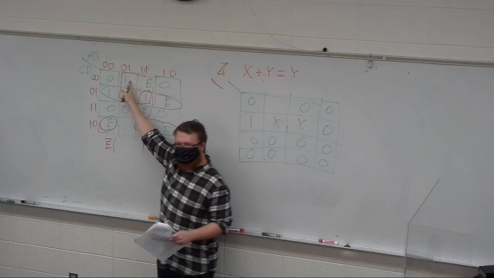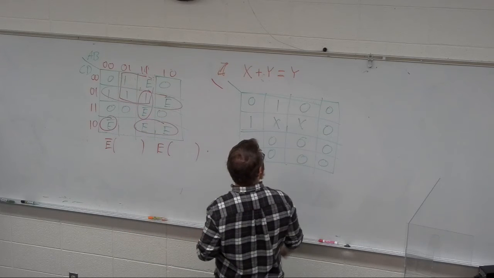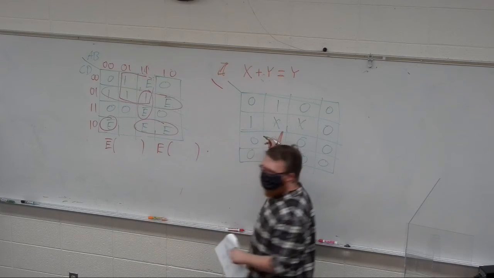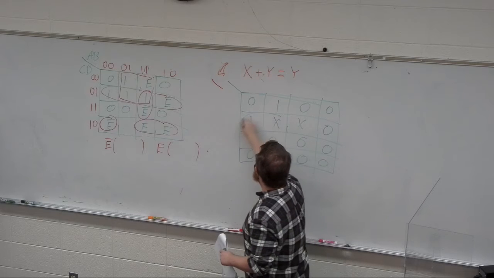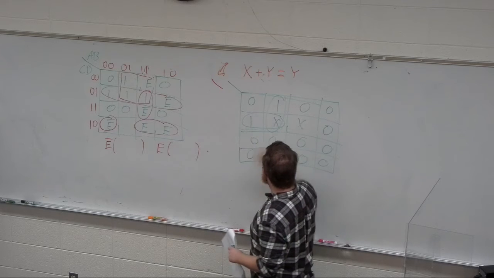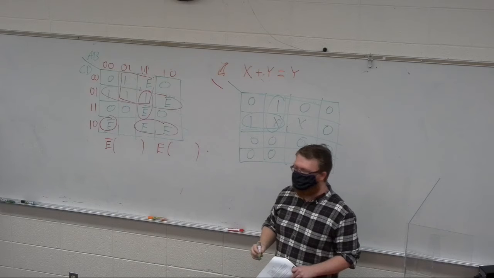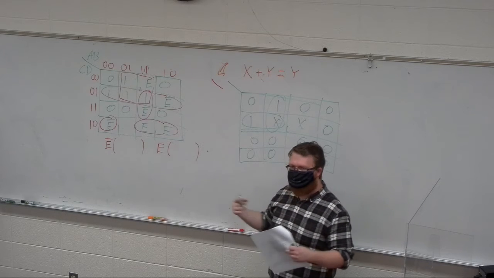What's this guy? Just a 1. I don't think there's anything fancy we can do with this map, right? We just pretty much have to take it as is with minor simplification, and then write out the equations.